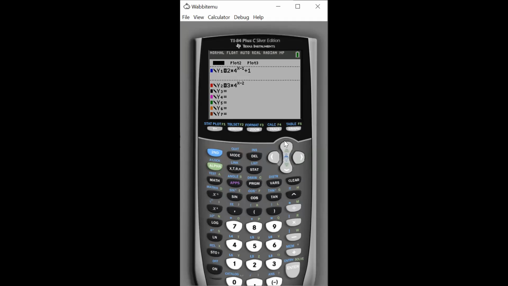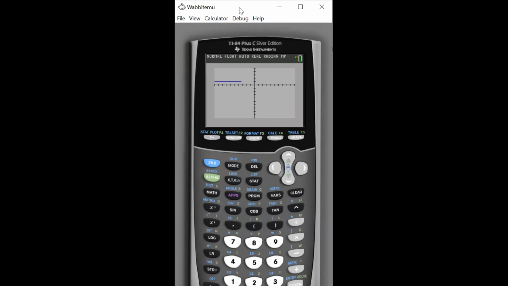And I just realized I made a typo here because I put minus 1, and that's a 3. So there we go. Use the right arrow, bring it down, plus 1. So let's go ahead and graph both of these equations and see which one actually looks similar to that.